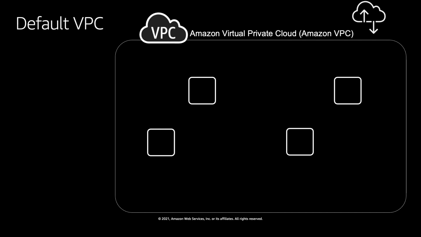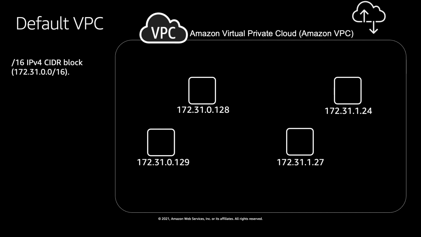And this default VPC comes with a CIDR range, the default address 172.31.0.0/16, and we are going to deep dive into this particular IP address and see what this CIDR block eventually means.